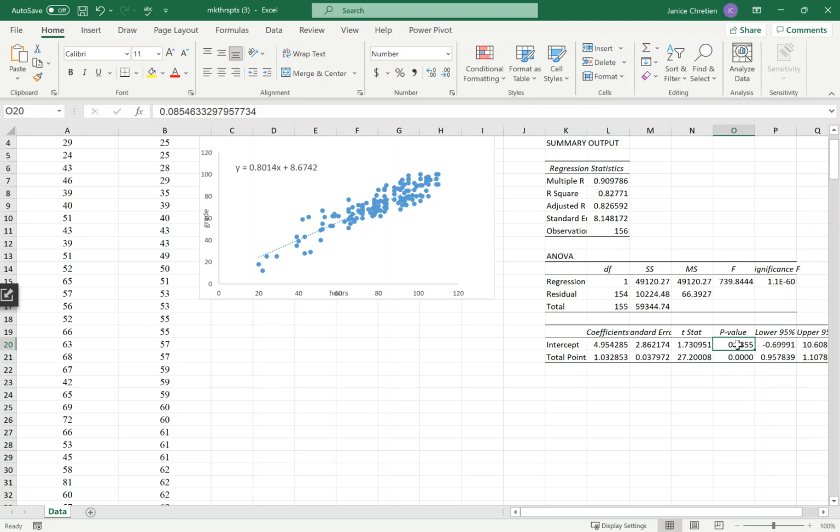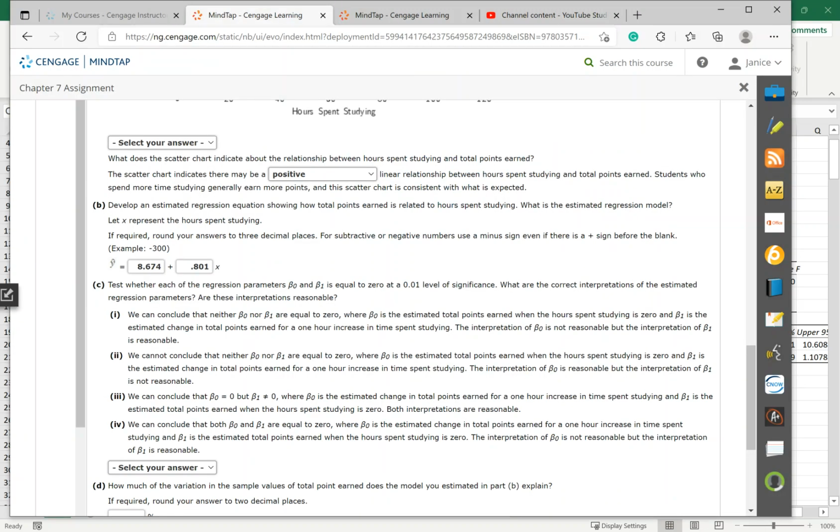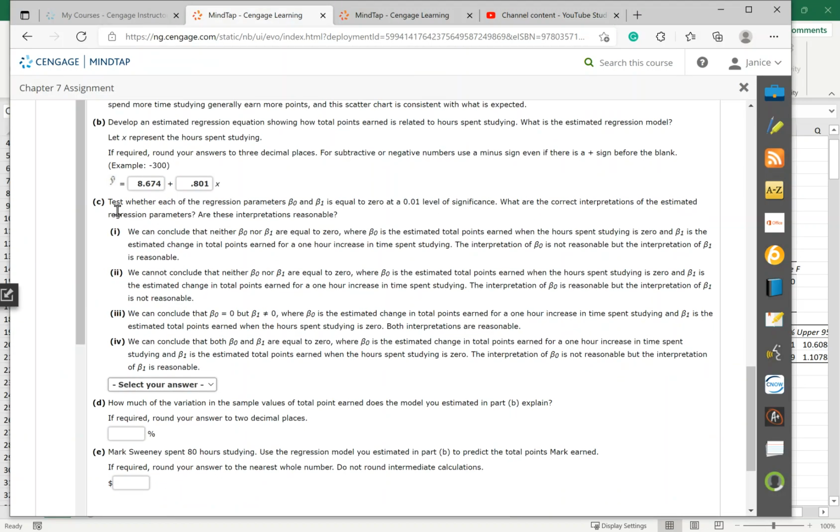And I'm going to say that my intercept has a p-value greater than 0.01, but my x does not. So I need to think when I'm answering that question. So B0 is not equal to 0, but B1 is. So I need to choose the best option here.